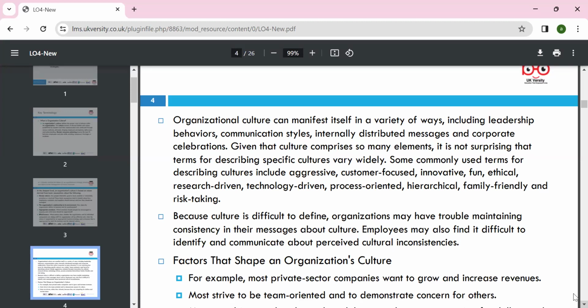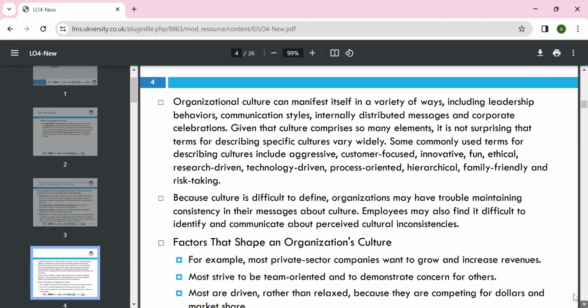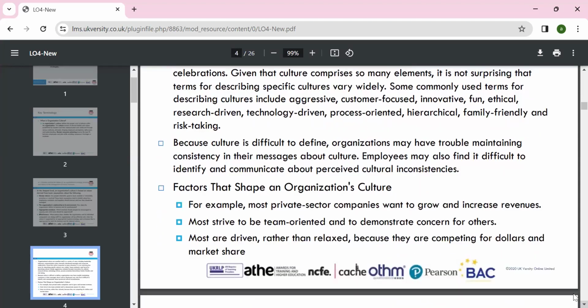Because culture is difficult to define, organizations may have trouble maintaining consistency in the messages about the culture. Employees may find it difficult to identify and communicate about the perceived culture inconsistencies, because sometimes culture is not consistent. So we should have a clear compliance procedure in place in our organization. A factor that shapes organization culture is that private sector companies want to grow and increase revenue.